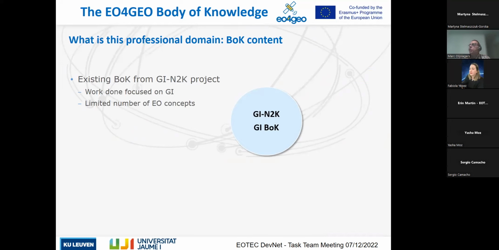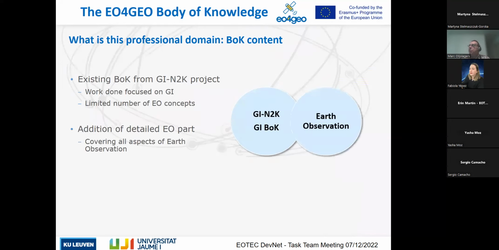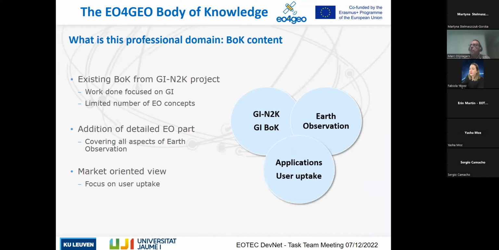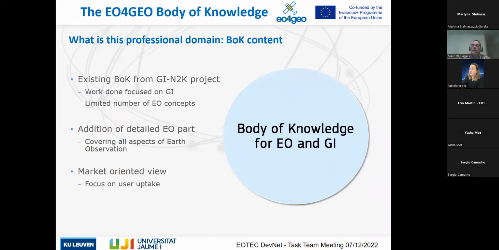And more important work in the EO4GEO project is that we added and detailed a part that covered the Earth observation domain, and we also added a market-oriented view. So we added concepts that are related to user uptake. And of course, important is that we integrate all this together in one body of knowledge for Earth observation and geospatial information.